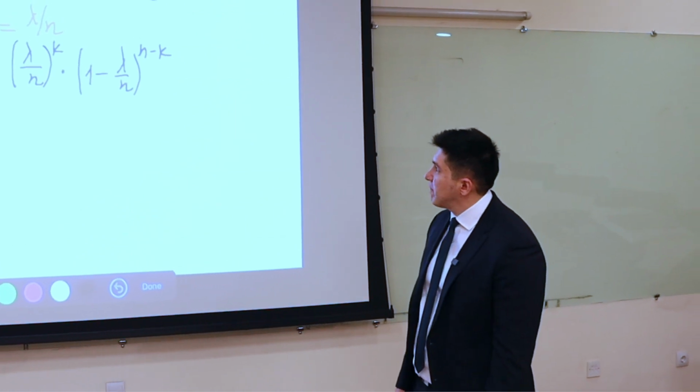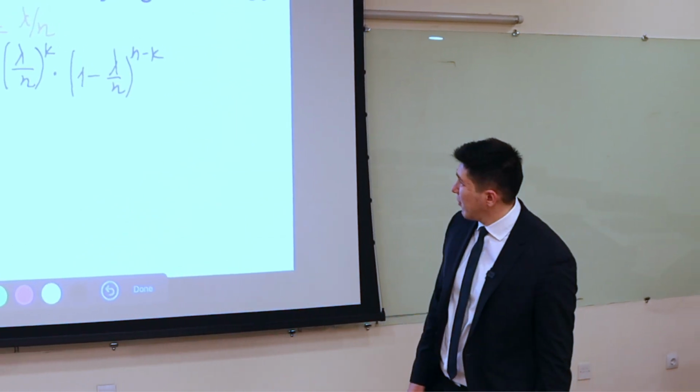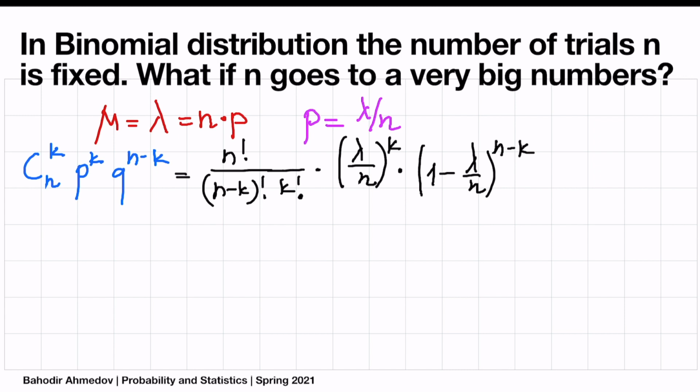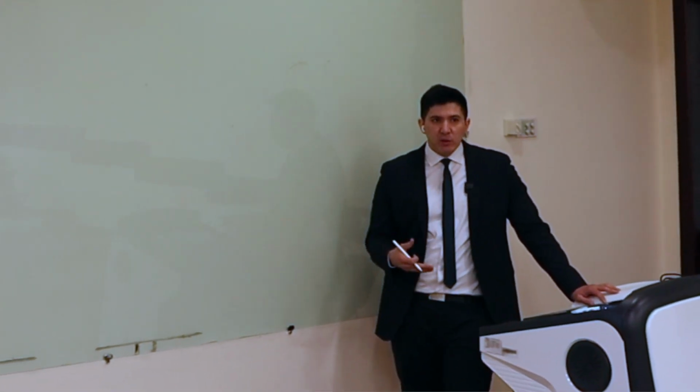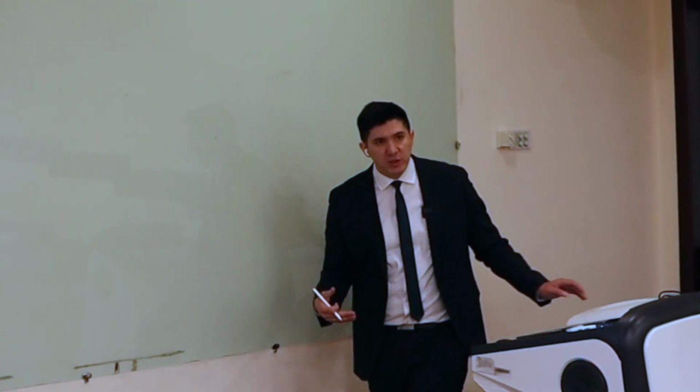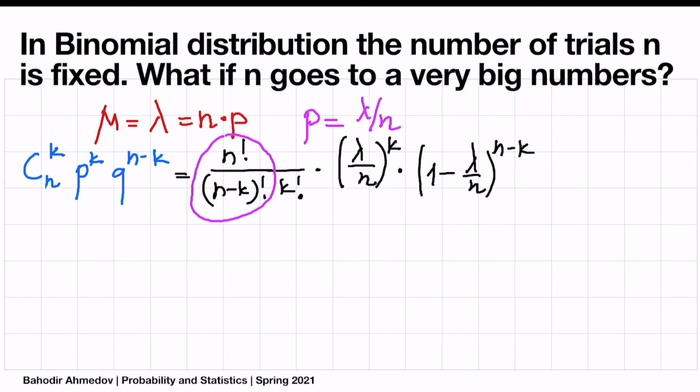Now I would like to do some calculations, and you need to be careful with this. Can we divide n factorial by (n minus k) factorial? For example, if you divide 5 factorial by (5 minus 2) factorial, what do you get? 4 times 5, right? So I'm going to write this as (n minus k plus 1) times (n minus k plus 2) until n.